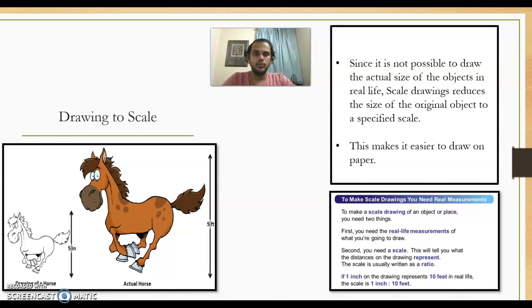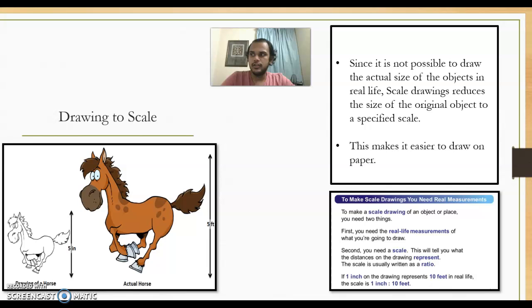But you can't use those measurements to draw that particular object on a sheet of paper because it makes it complicated, and you might even run out of paper by drawing it. So what drawing to scale does is it reduces the actual real life measurement of an object to a specified scale.